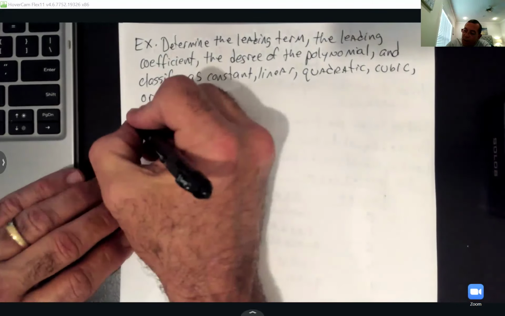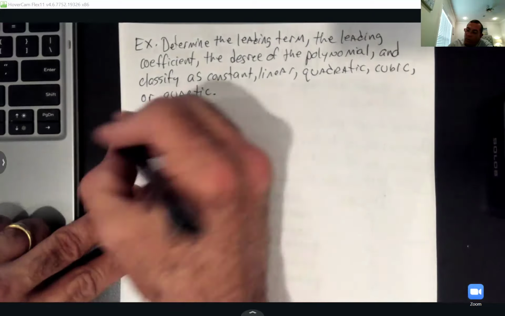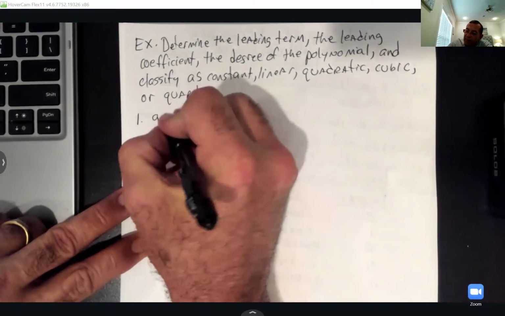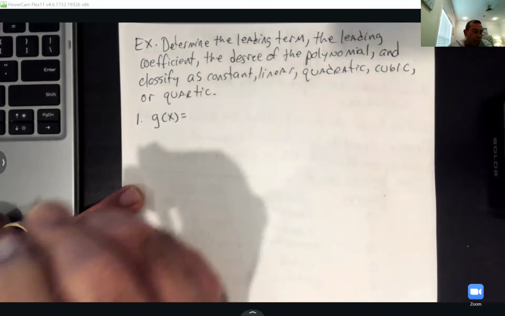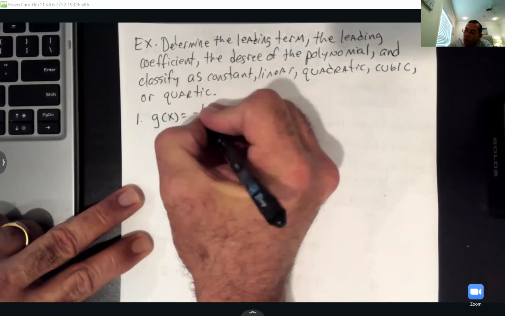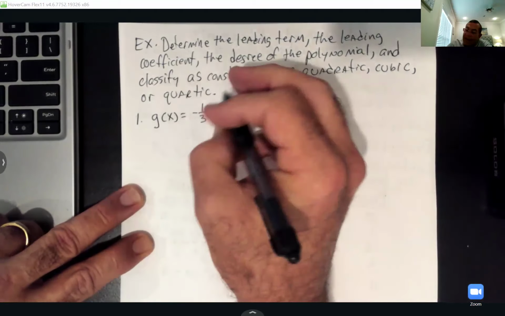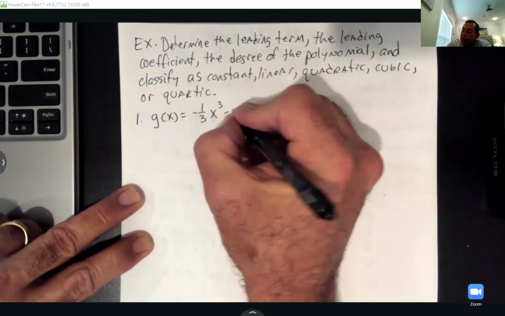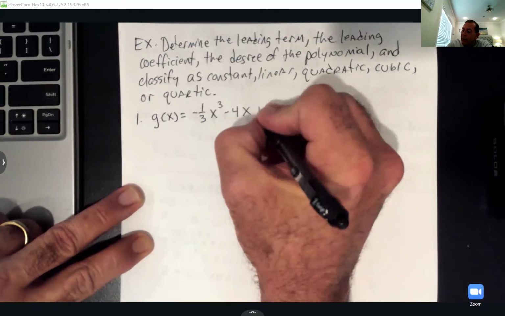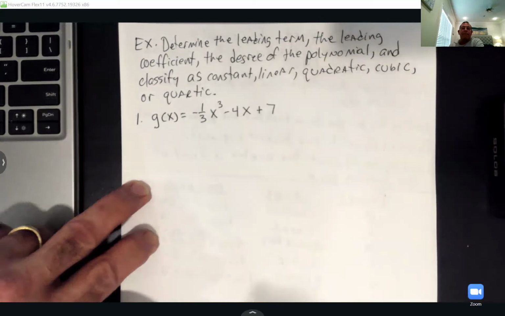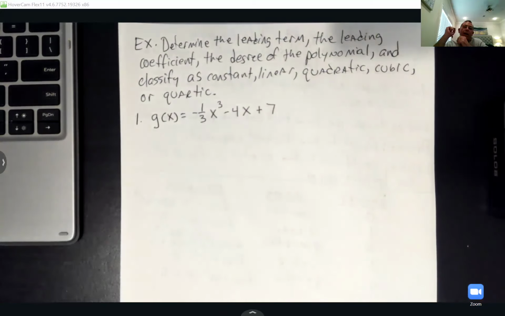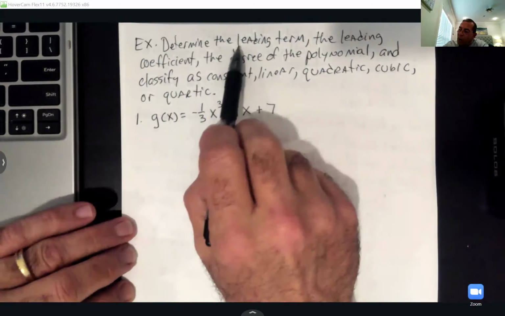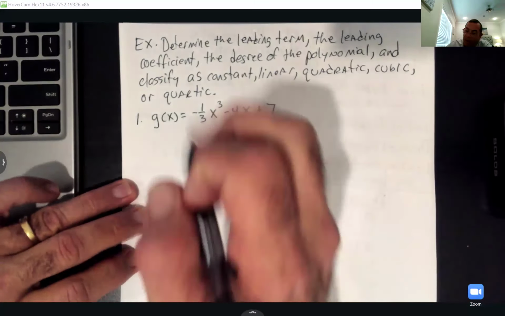Okay, so for number one, we're going to start with g of x equals negative 1/3 x to the third minus 4x plus 7. All right, y'all. So first thing they want, the leading term.